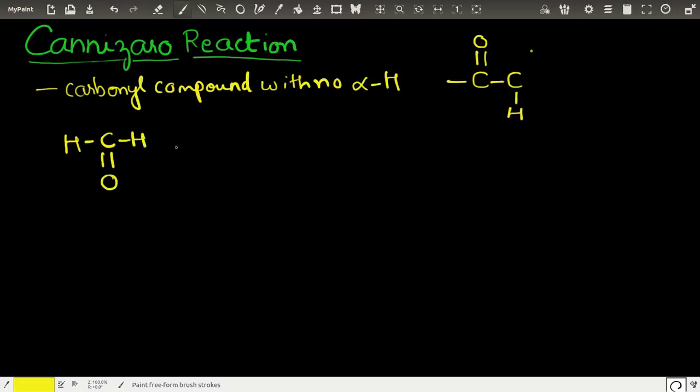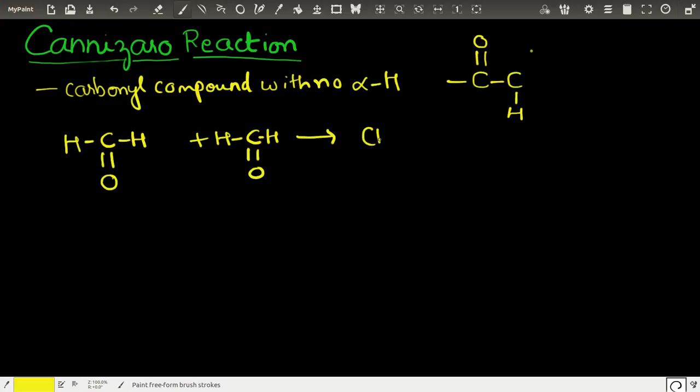When this is subjected to a basic solution, something interesting happens, and that is what is called a Cannizzaro reaction. In this reaction, the molecule actually disproportionates, that is, one of the molecules gets oxidized and the second is reduced.